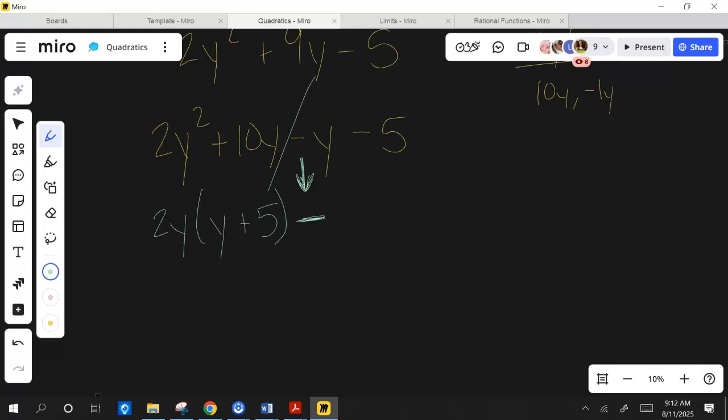If the middle sign is a minus, the last sign changes when you factor. It doesn't really change, but I'll show you.